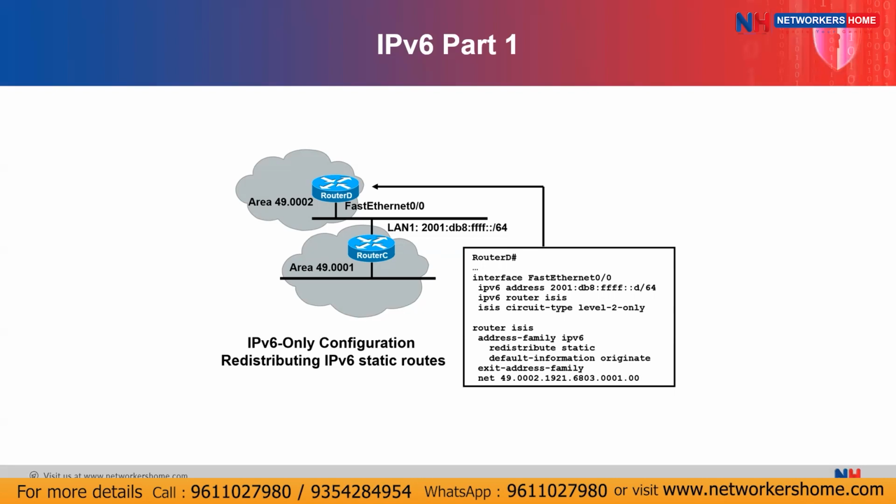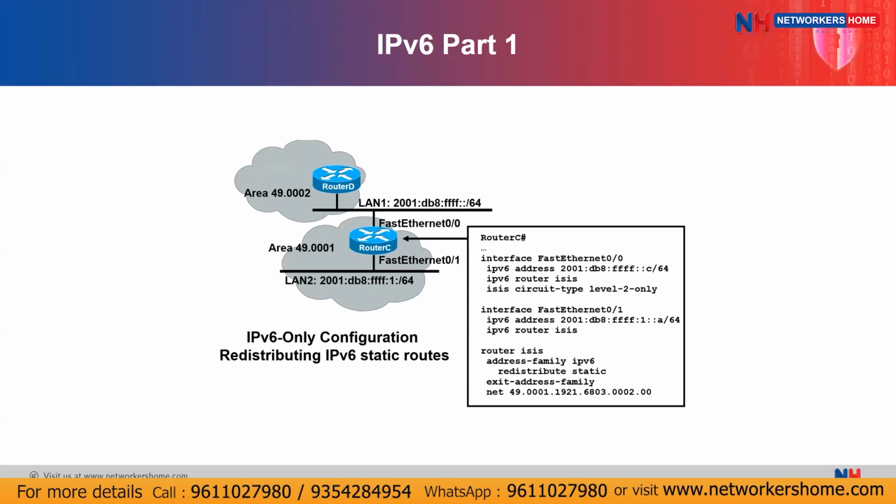The address format information, that is 49 or 47. Then we have the area ID 0002. After that, we have 1921.6803.001, this is called the system ID. And then 00 is the NET selector. It always remains 0.